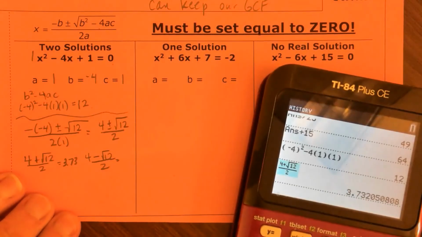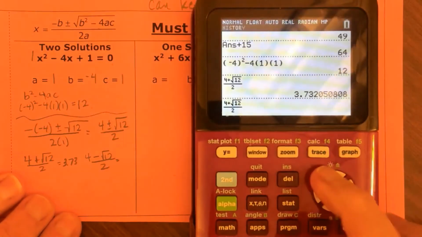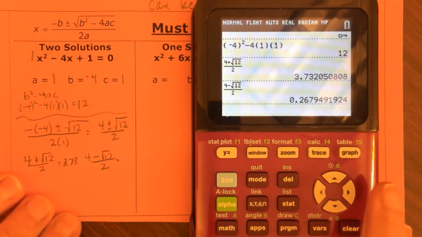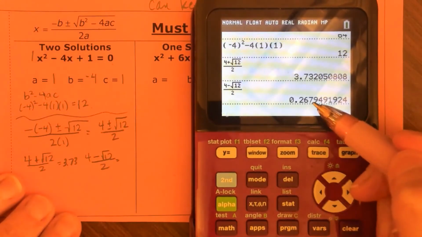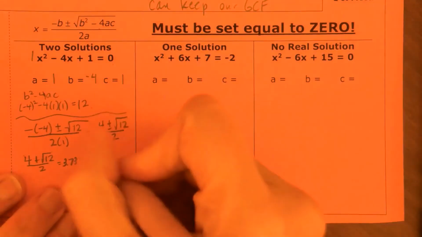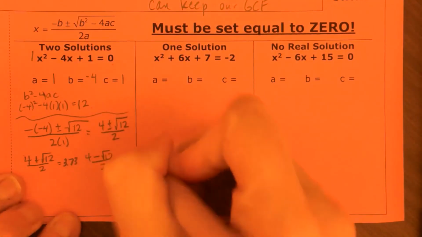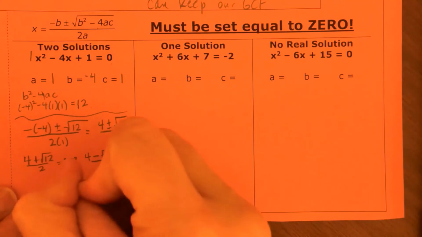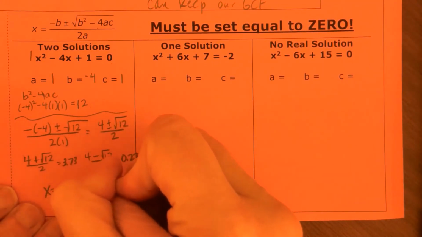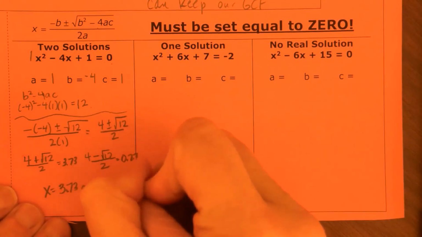And 4 minus the square root of 12 over 2 gives me 0.267, and the 7 is going to round me up to 0.27. So my solutions are x equals 3.73 and 0.27.